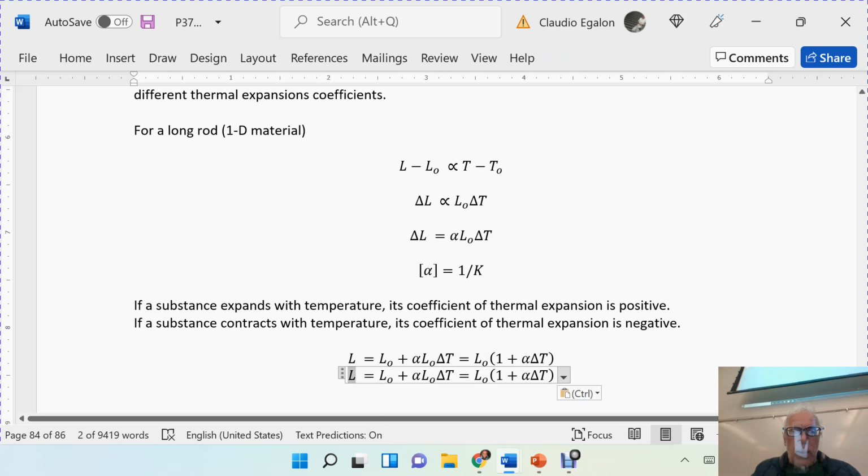Just remember a function f, how can we write down a function f?